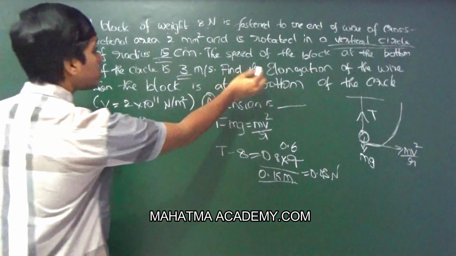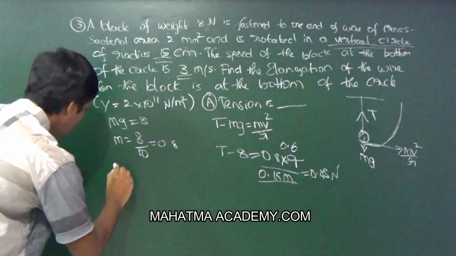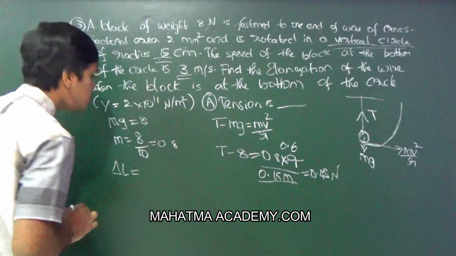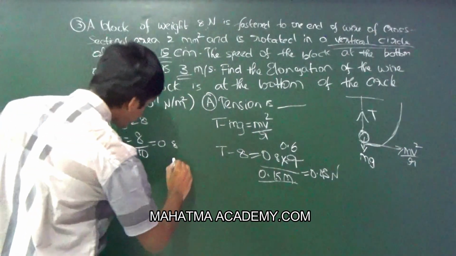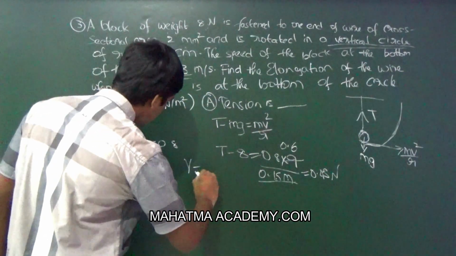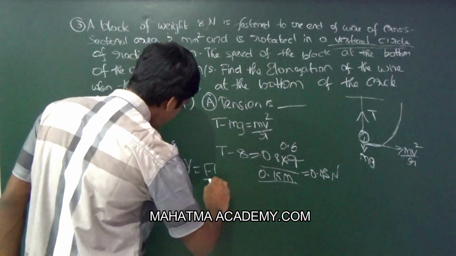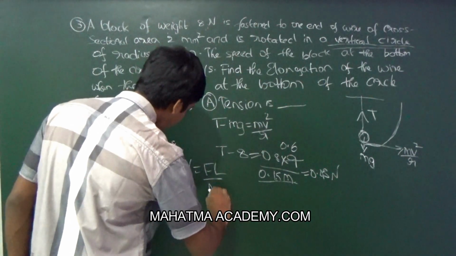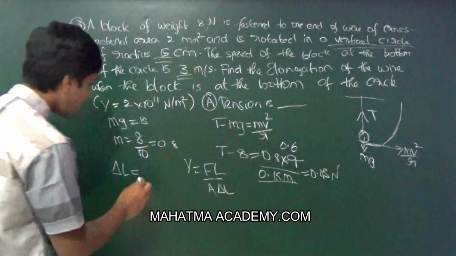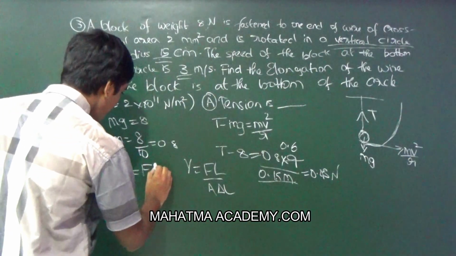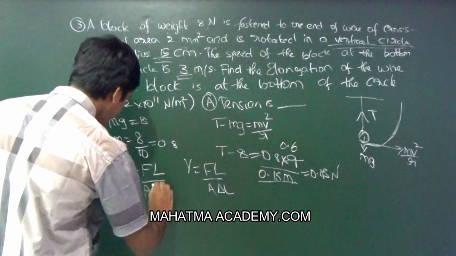Now we want to find the elongation. From Y is equal to FL divided by A into delta L, we can find delta L is equal to FL upon AY.